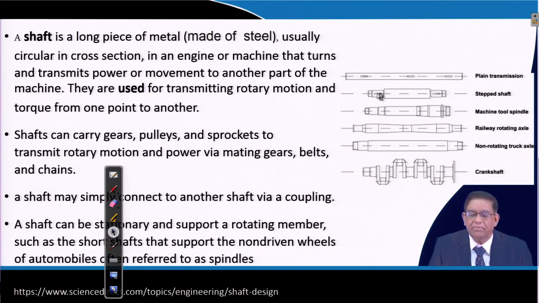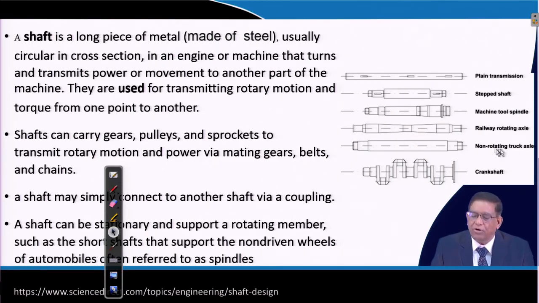Here we have a stepped shaft, in which different parts of the shaft have different diameters depending on the particular load and application. You have machine tool spindles, where you can also see that the diameters at different sections are different. You can see the railway rotating axle, in which the two wheels of the railway are mounted at the ends.